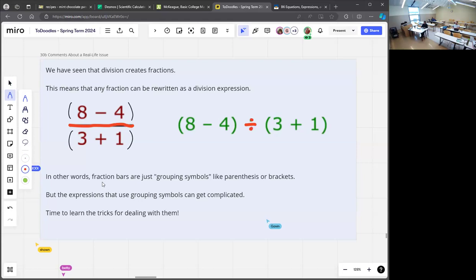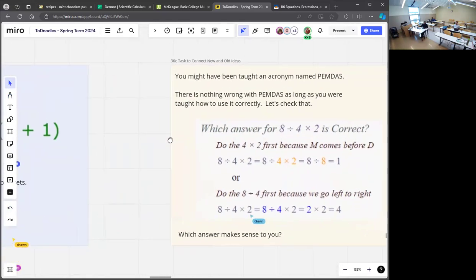See how to turn one into the other? So that tells us that fraction bars are just sort of grouping symbols. They mean this thing on top divided by that thing on bottom. It's sort of like there's parentheses as part of it. So let's learn some tricks about that.